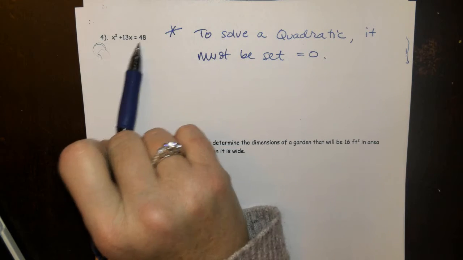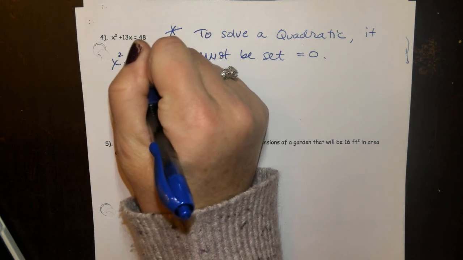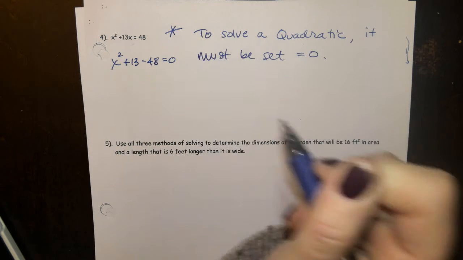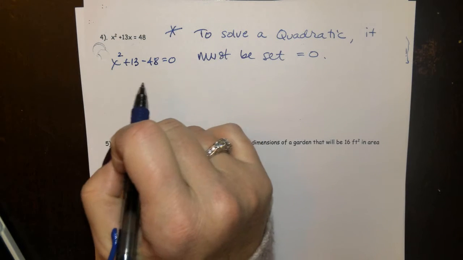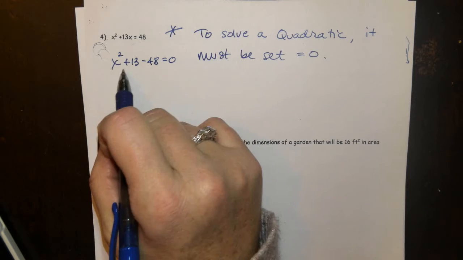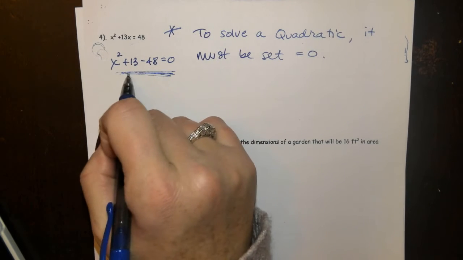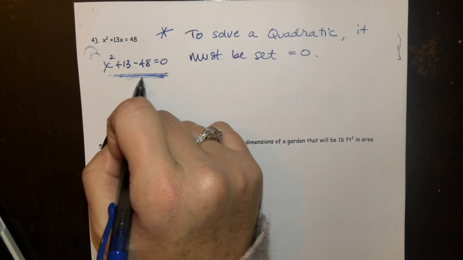So we already solved this one by factoring, okay? Just for time's sake, I'm not sure if I'm going to put this in an Edpuzzle, like I said, or a YouTube. I would pause it now if you want. Make sure you get the same answers.